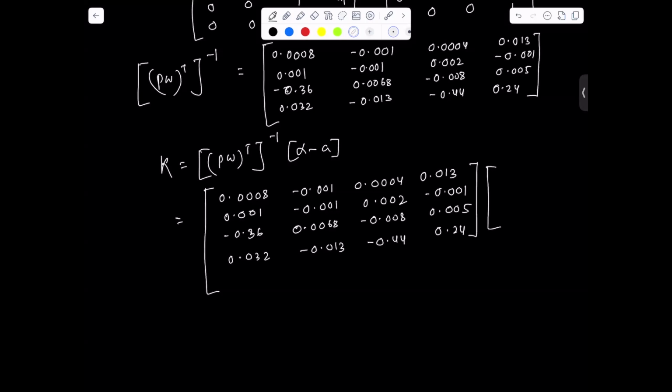alpha minus A. So alpha is 3.61, 9.05, 0.146, 0.09, minus 1.31, 0.99, 0.029, 0.03.